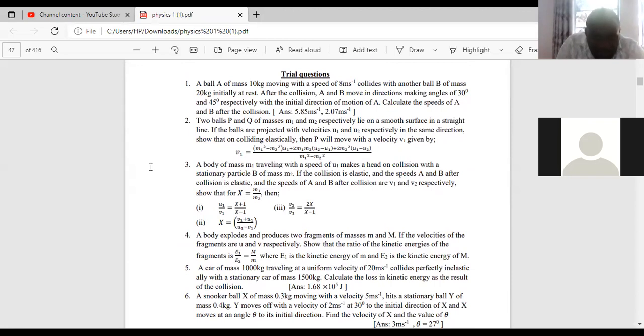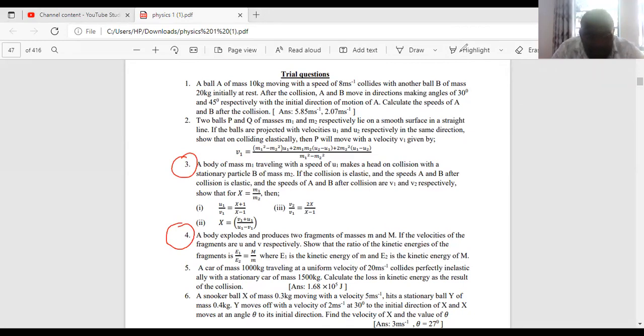Some people tried some of them. I'm going to do number 3 and number 4. Can we take screenshots? So take a screenshot for this number. Take a screenshot for that number. Then the rest will be discussed by you. You try them out. So let me also take a screenshot for those numbers.